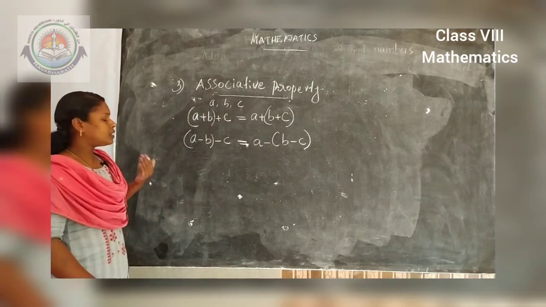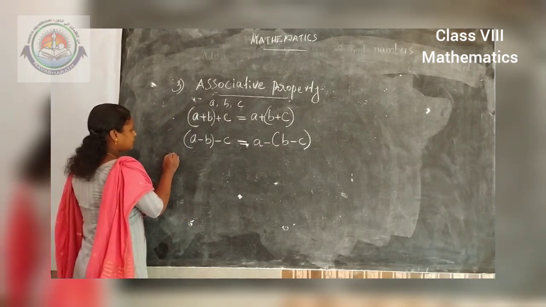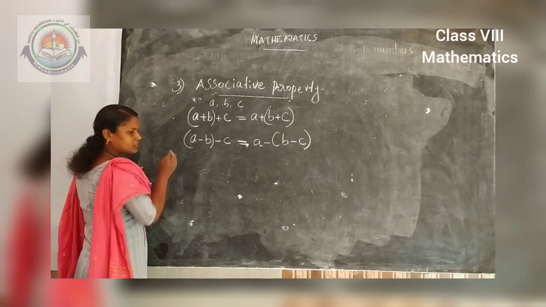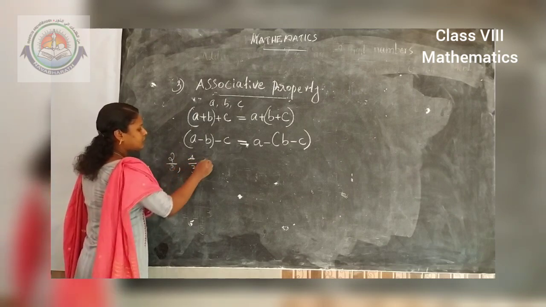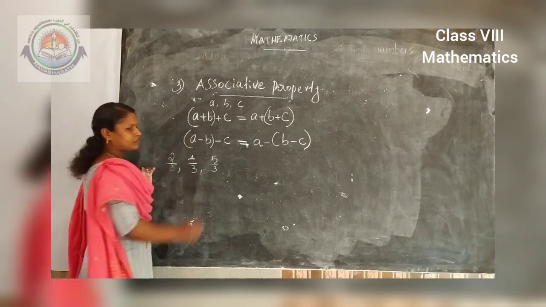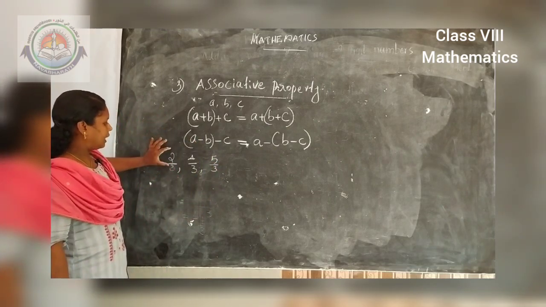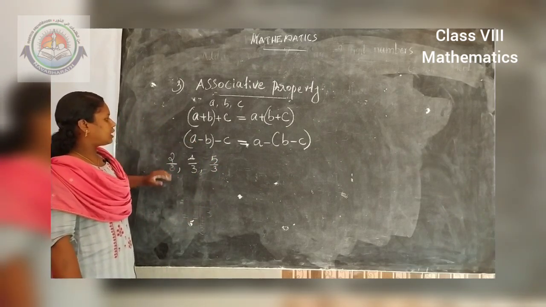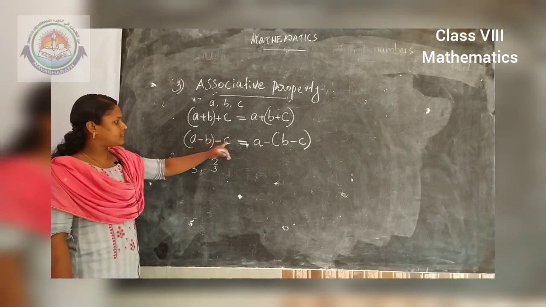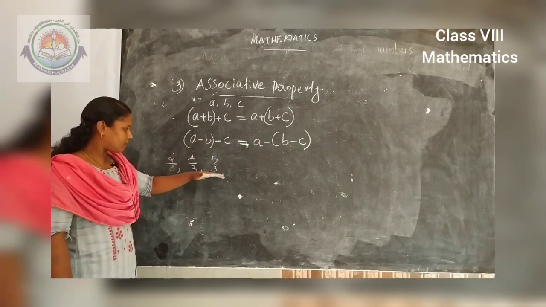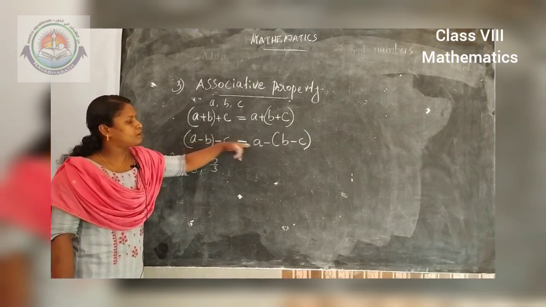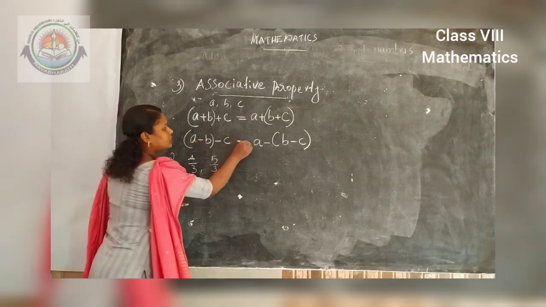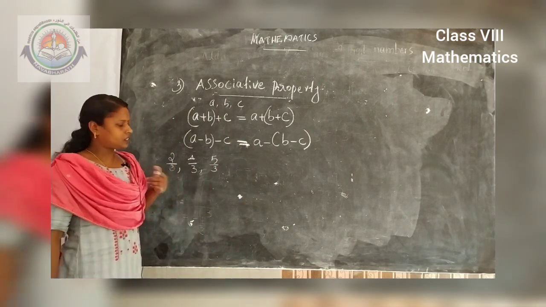Then we can check by taking some rational numbers, 2 by 3, 4 by 3 and 5 by 3. That is, a equals 2 by 3, b equals 4 by 3 and c equals 5 by 3. Three rational numbers are there and we need to check whether they are equal or not.